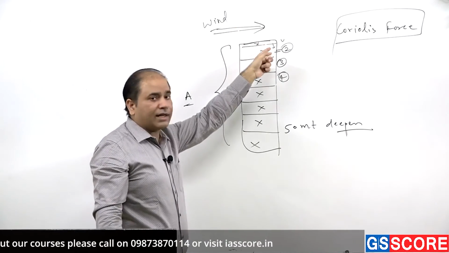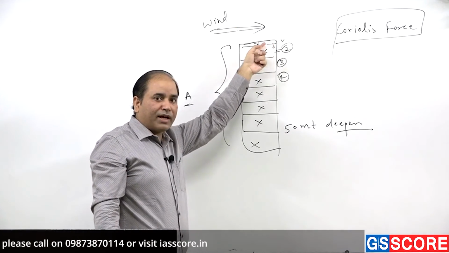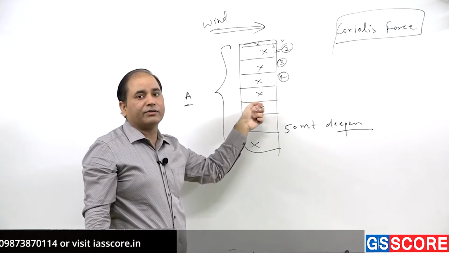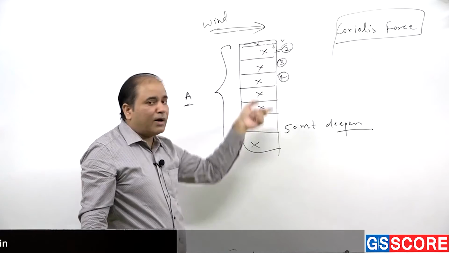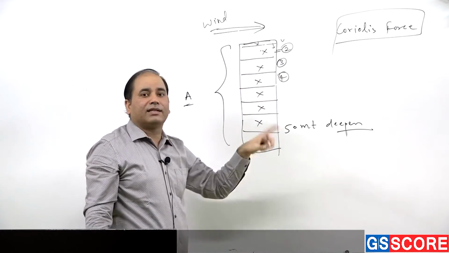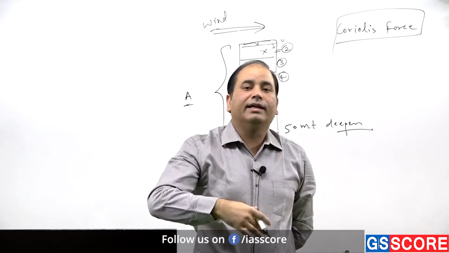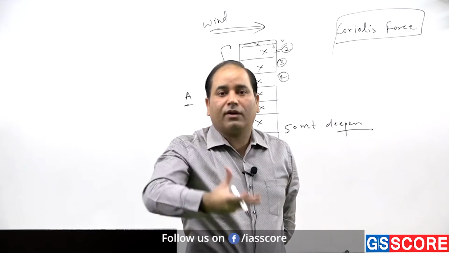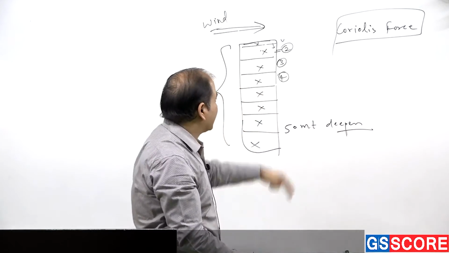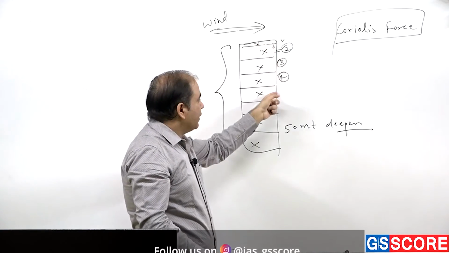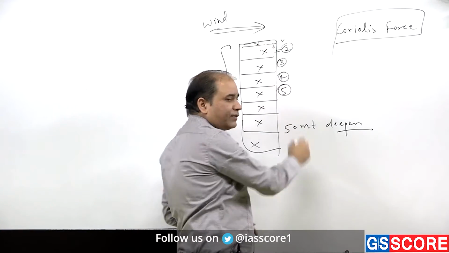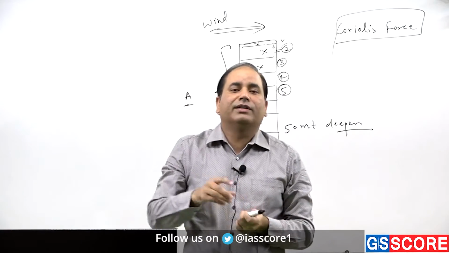Rather, the wind will transport the energy to the top layer, and this top layer will transport the energy to the deeper layer. Also, the amount of energy that the successive layers get will decrease, because there will be a lot of losses of energy. So whatever energy the top layer gets, by the fifth layer the amount of energy will be much lesser.